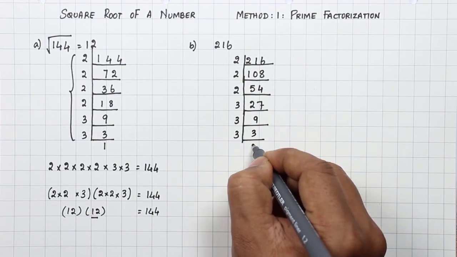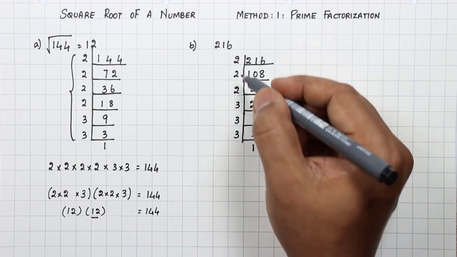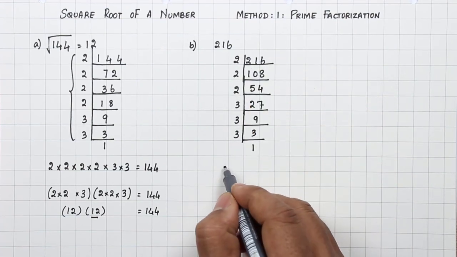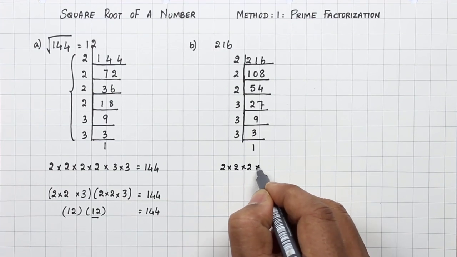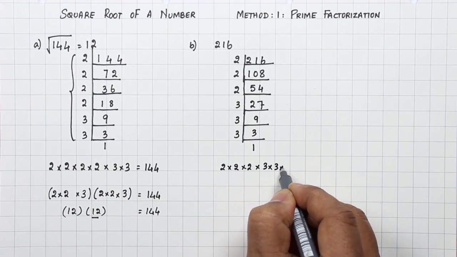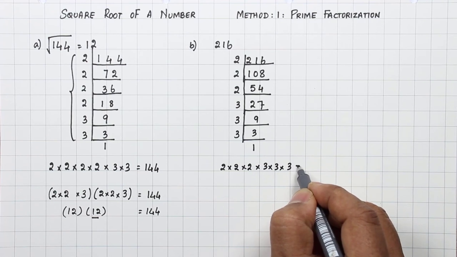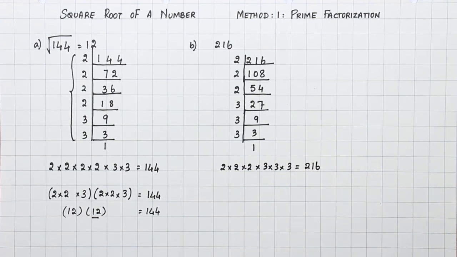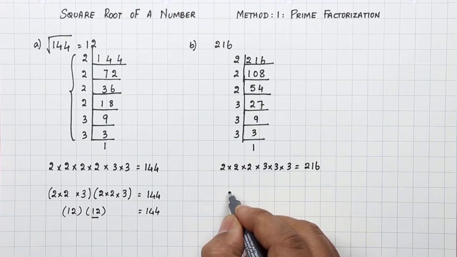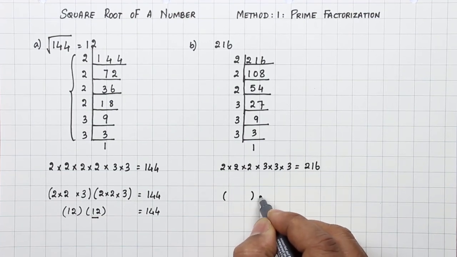and then finally 3. Now if you look at these numbers here, you have 2 times 2 times 2 times 3 times 3 times 3. This gives you 216. Now is it possible for you to write this in terms of two identical factors?